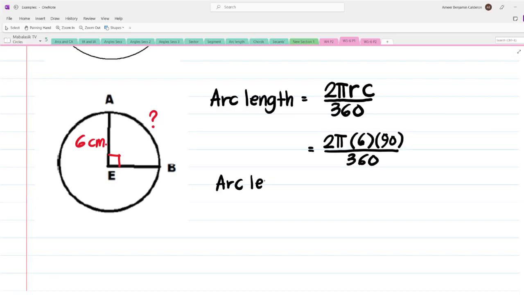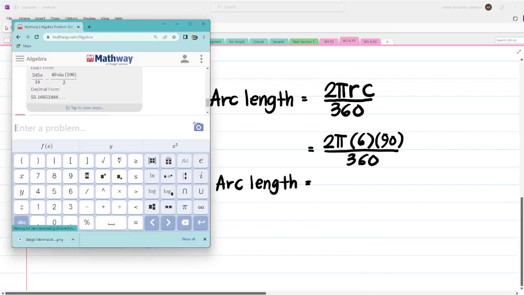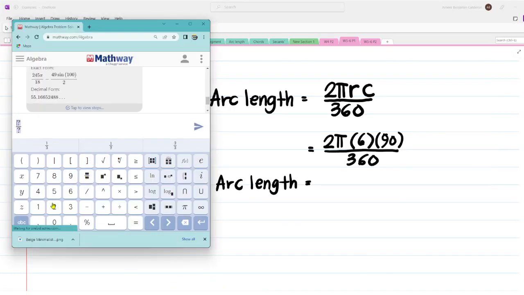So arc length will be equal to fraction 2 pi times 6 times 90 over 360.